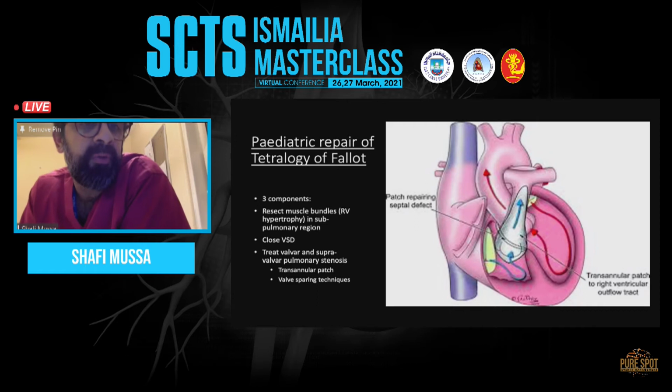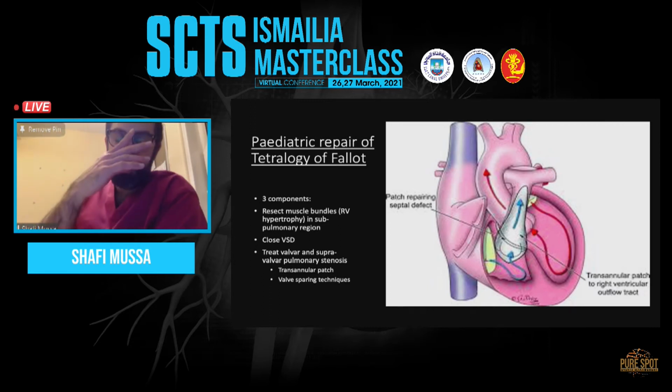So you'll know that the repair of tetralogy of Fallot comprises essentially three components: resection of muscle within the right ventricular outflow tract, to deal with the right ventricular hypertrophy, usually in the infundibulum or the subpulmonary valve region; closure of the ventricular septal defect; and treatment of valvar or supravalvar pulmonary stenosis.